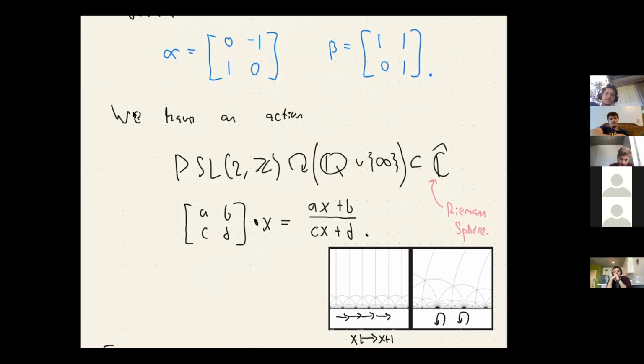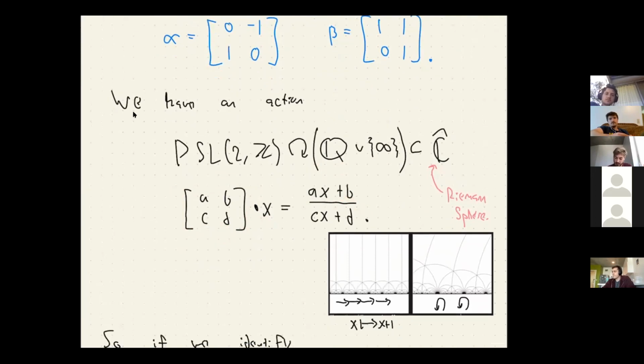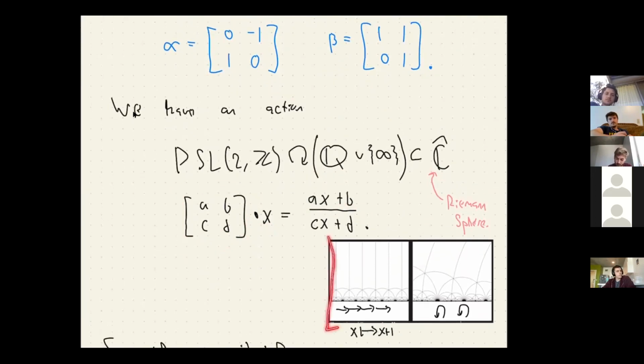So how does the action work? I take a matrix A, B, C, D, and I act on X by AX plus B, and I divide by CX plus D. And there's some pretty cool number theory and stuff here. I don't know any number theory, but there's some cool stuff going on.